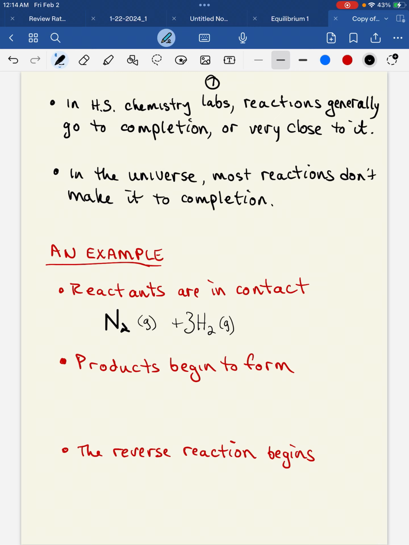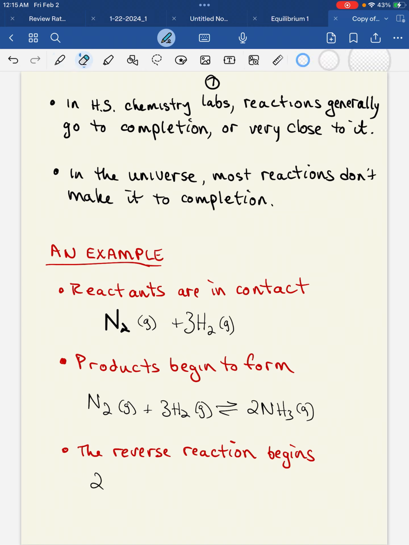Over time, our products will begin to form. And then at some point, those reactants will start to fall apart, or the products will begin to fall apart back into those reactants. I guess I should have done it this way.